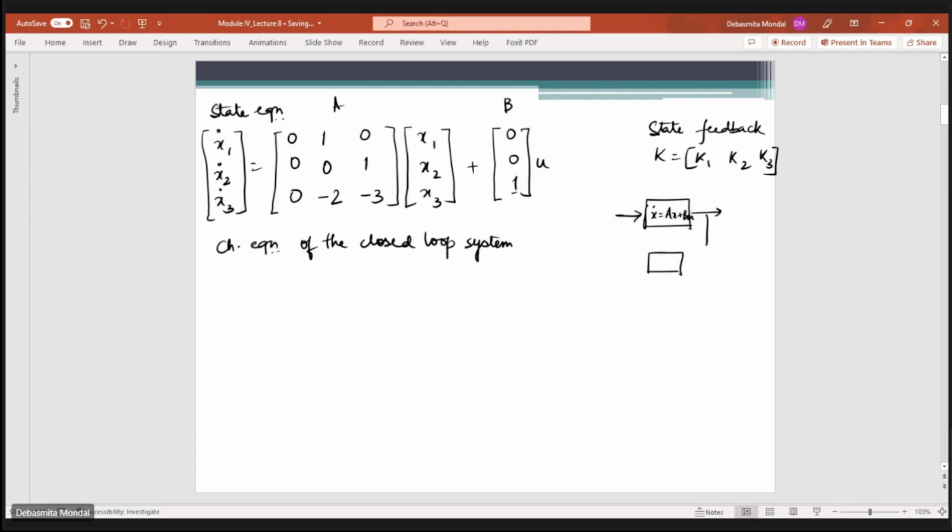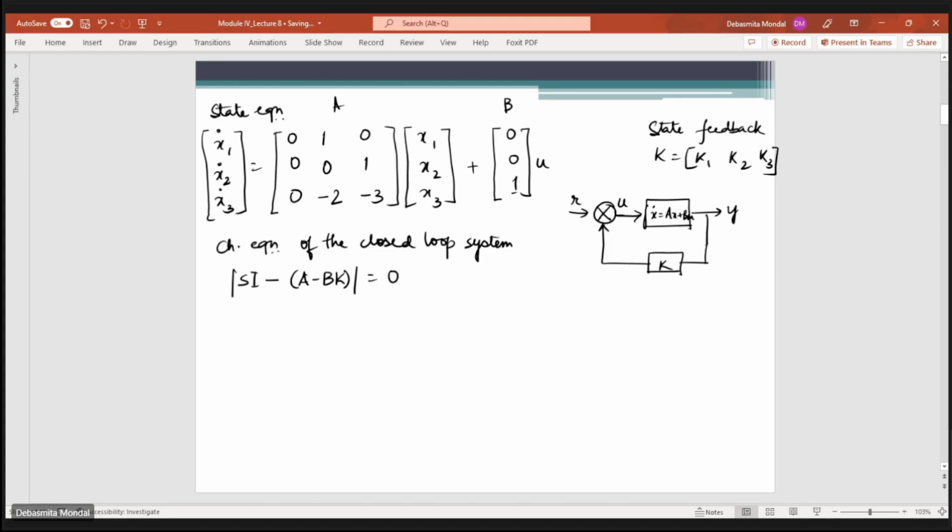You have the feedback K here, the input here is u, there is another input R, and this is the feedback. This is the output y, so this is the closed loop system that you have. Then the characteristic equation of the closed loop system is the determinant of sI minus A minus BK equals 0.